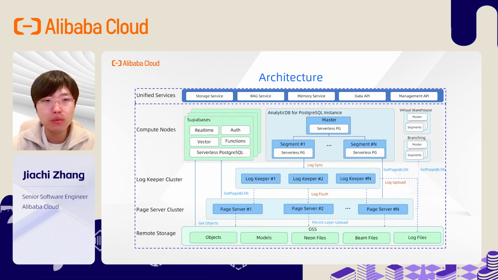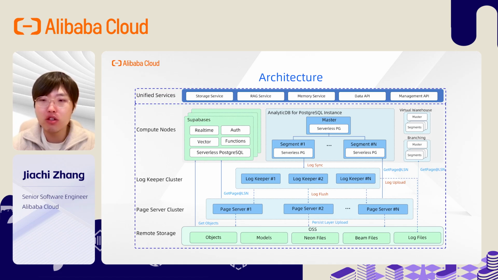On this slide, we present our new architecture, which decouples compute from storage into modular layers. The compute nodes run serverless AnalyticDB PostgreSQL instances, and we can see it includes both the master and segments.